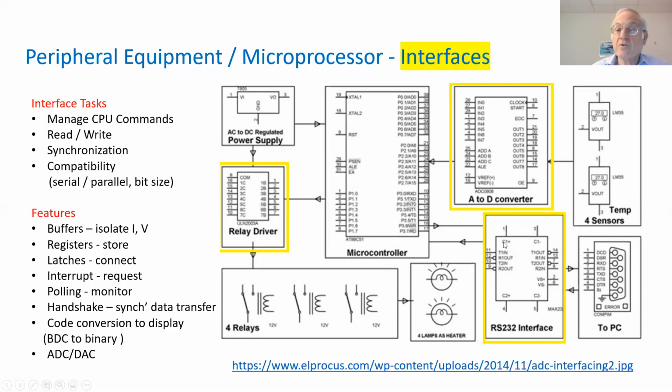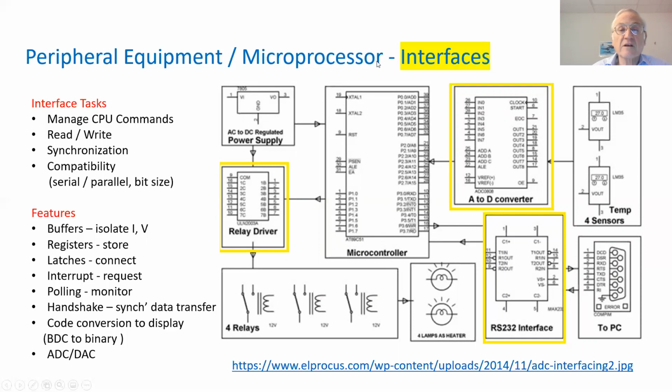Over here to this port, we have a connection to a PC. And over here, through this port, we have a connection to a relay driver that actuates several drivers.